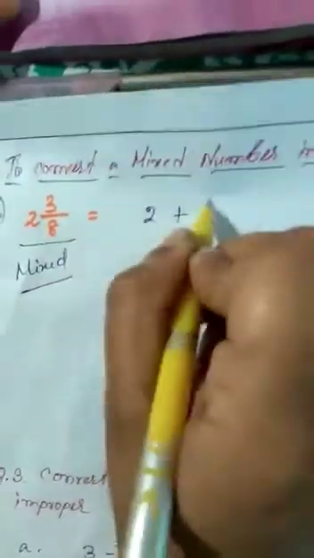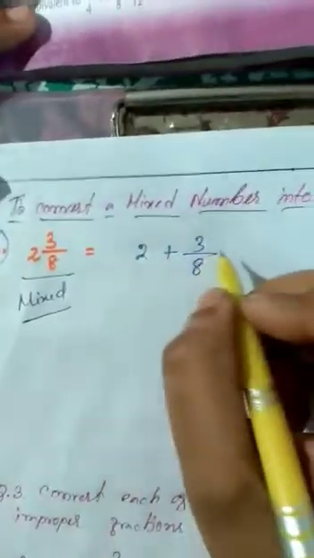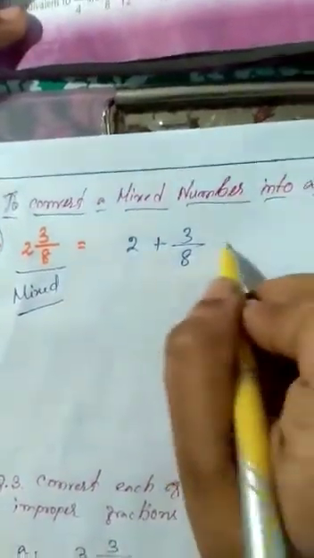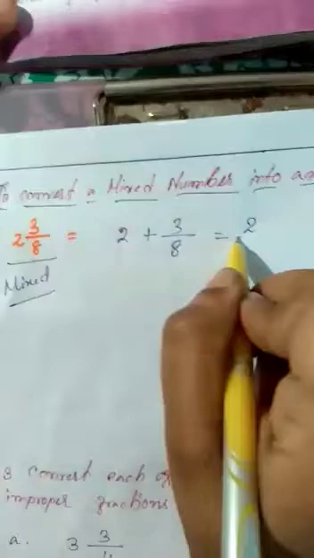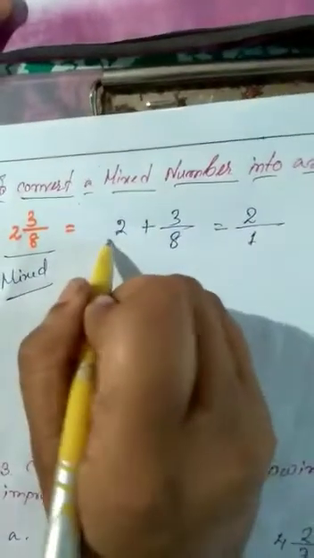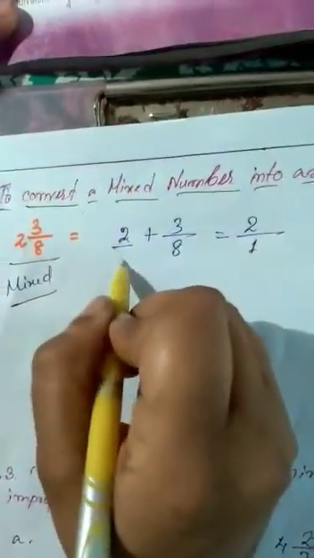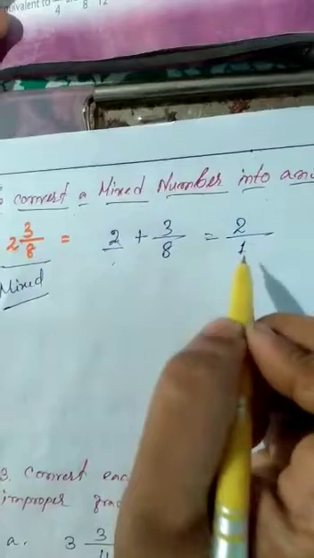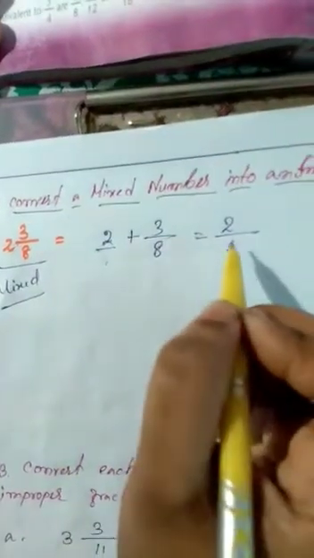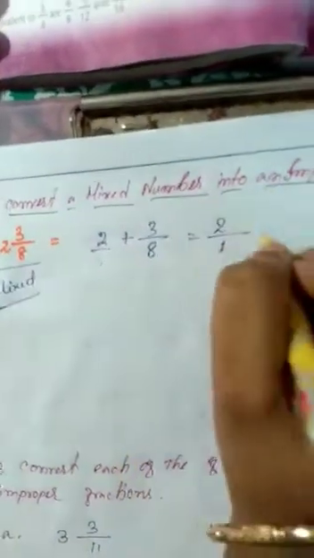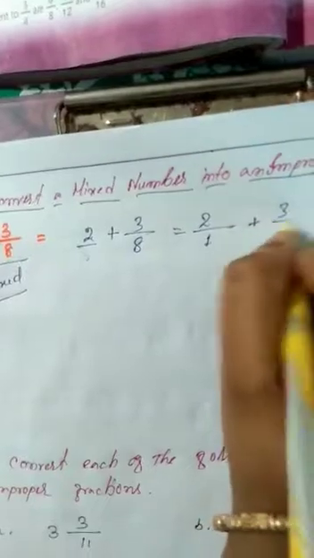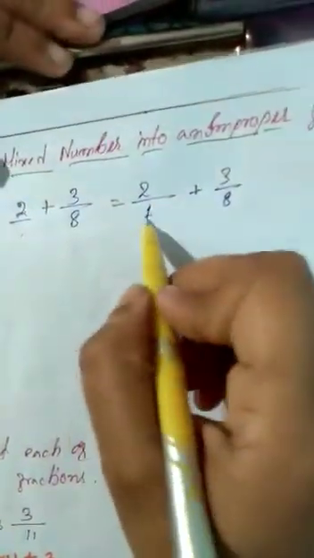The first one I am showing you: we can write it like this, 2 plus 3 by 8. Is it, students? Yes, we can write like this. Since there is nothing after 2, the denominator is 1, so we can write 2 by 1 and 3 by 8. Now we have to take the LCM of 1 and 8.